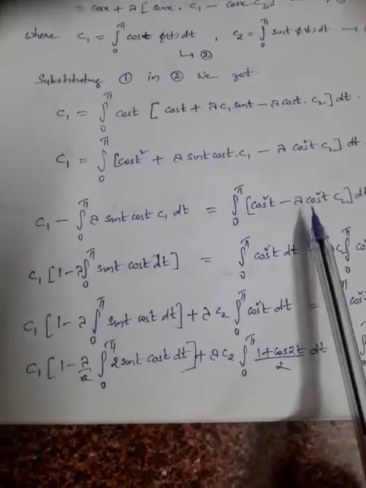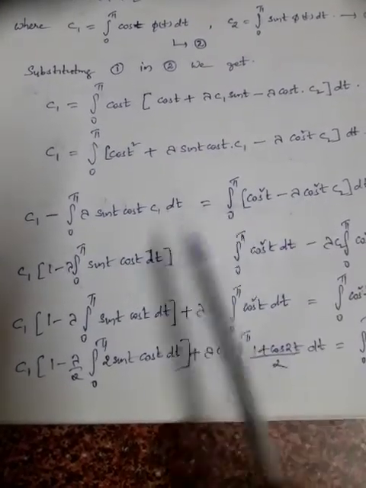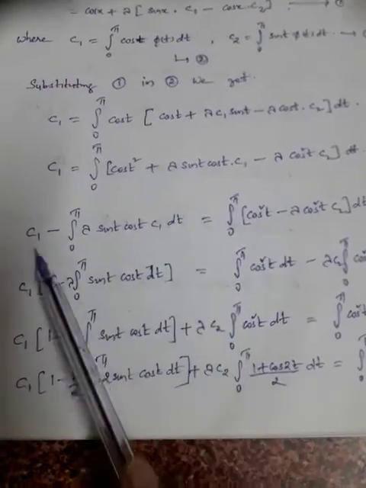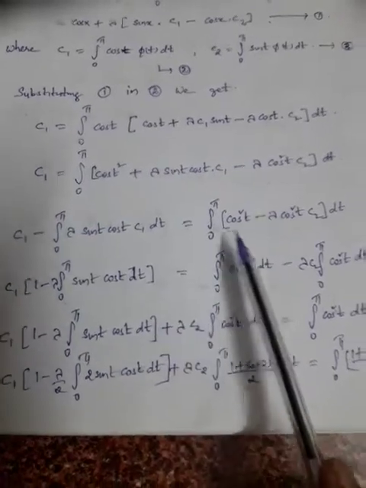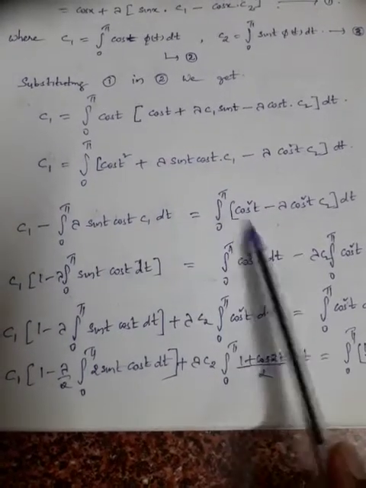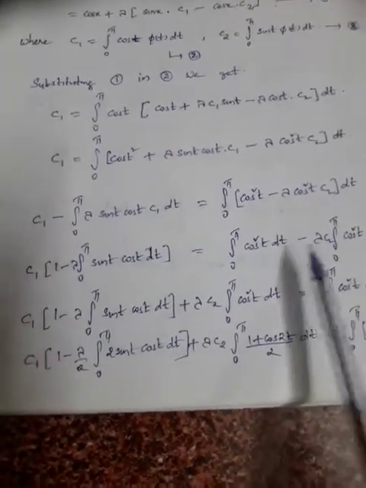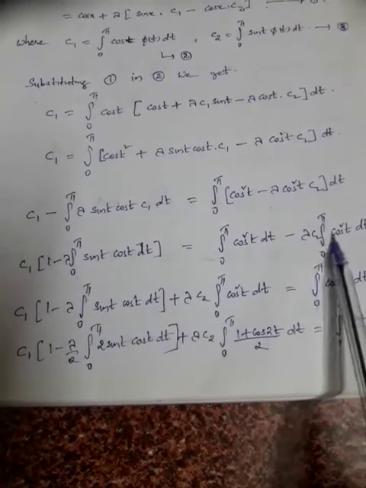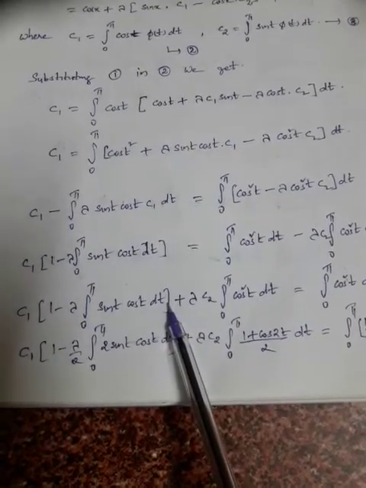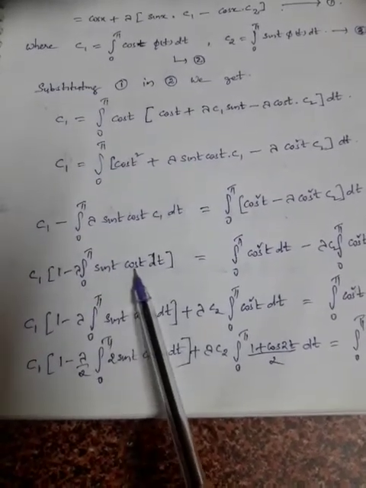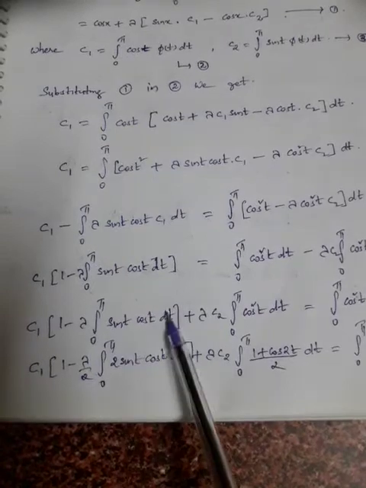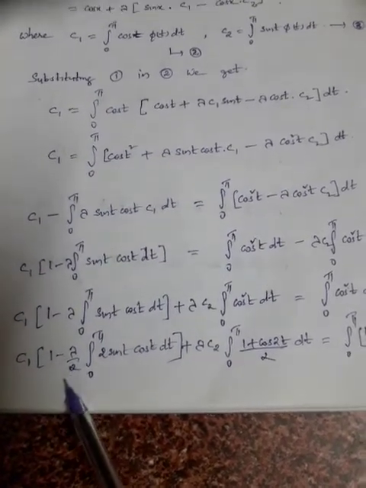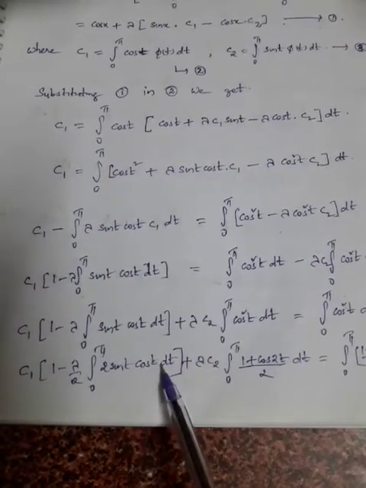Next, I have taken the lambda c2 cos square t term to this side. Because it is sin t cos t, I multiplied by 2 and divided by 2, so that I will get 1 minus lambda by 2 sin 2t dt.